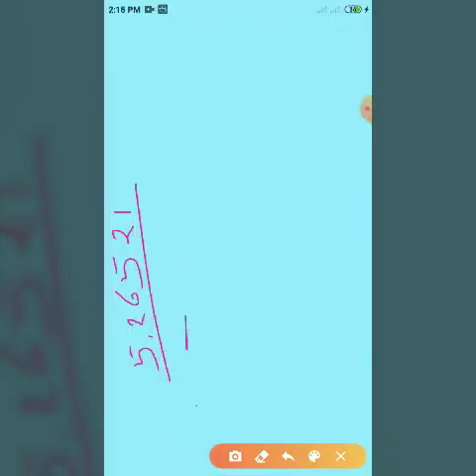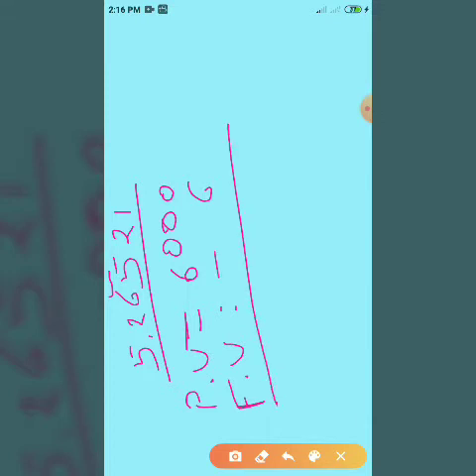First of all, write the place value of 6 equal to, 6 is at the thousands place, which means 6,000. This is the place value, and the face value of 6 is 6. The face value of any digit is the digit itself. Now we have to find the difference. Difference means subtraction.